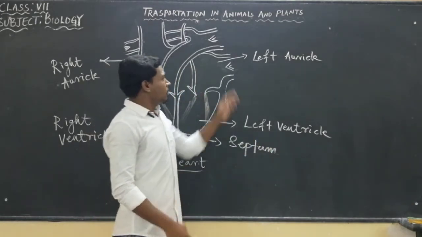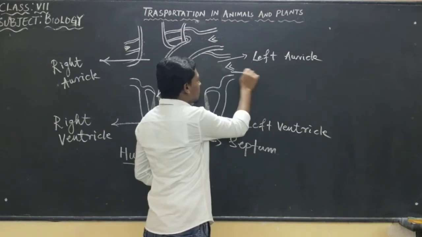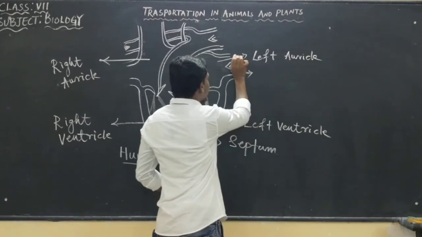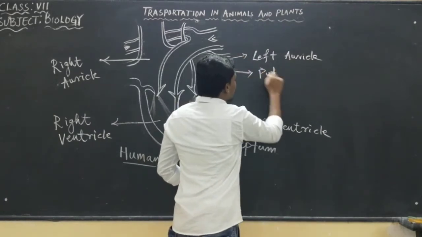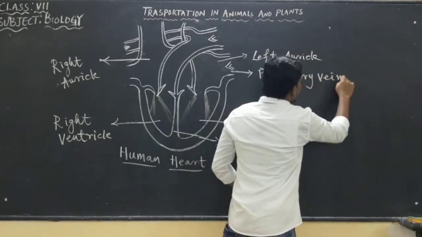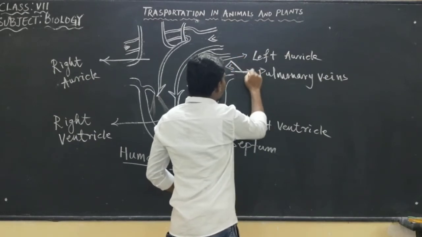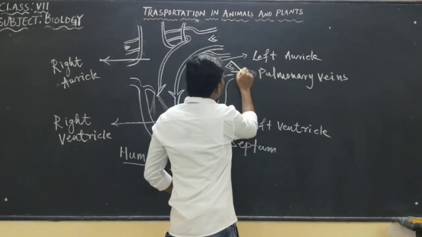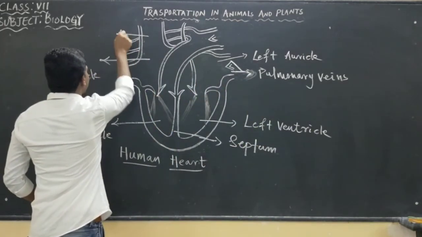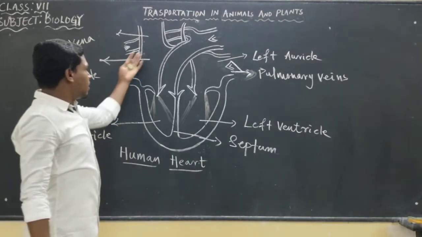Here these are the pulmonary veins. These two are pulmonary veins. And this is the vena cava. I hope in the previous class I told you about the structure.